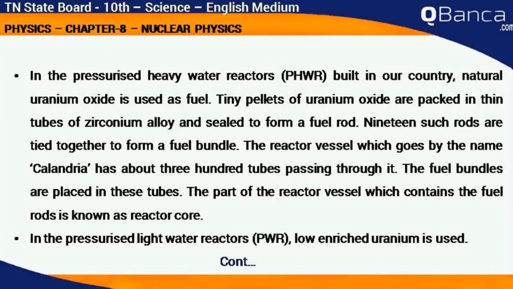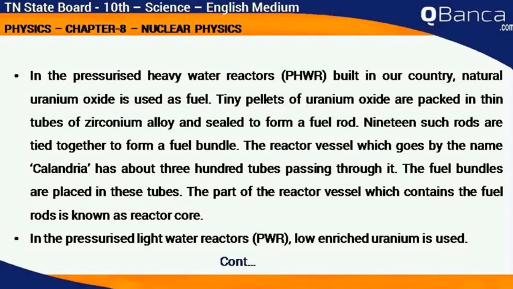In the pressurized heavy water reactors built in our country, natural uranium oxide is used as fuel. Tiny pellets of uranium oxide are packed in thin tubes of zirconium alloy and sealed to form a fuel rod. 19 such rods are tied together to form a fuel bundle.